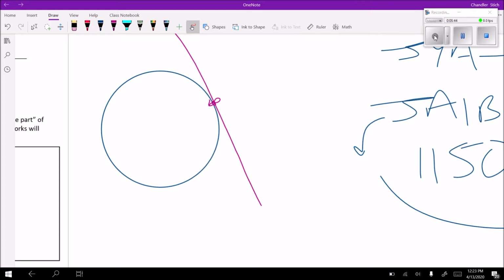Let's just call it this one and that one. There's my quote-unquote chord, quote-unquote sine. Now, again, this doesn't have to go through the center of the circle, but this is my sine.